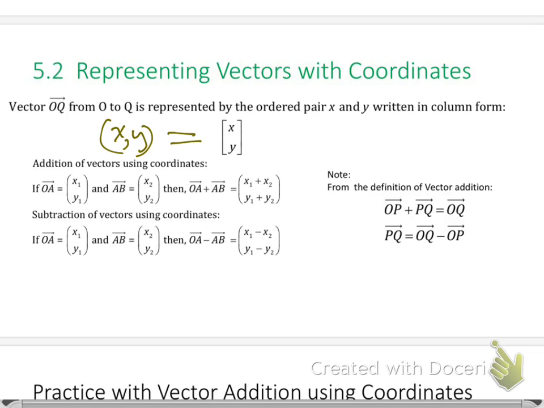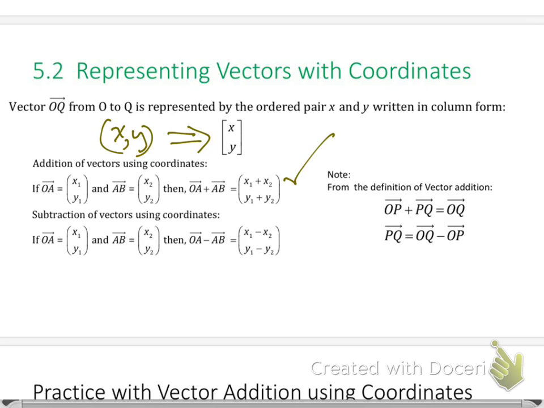You can instead write it like this. Okay, so this is also an ordered pair, but it's written in column format. That column is actually a matrix. So if you're going to add vectors, and if you know your vector that's OA is x1, y1, and vector AB is x2, y2, this is how you add them. Nothing has changed except for the presentation.